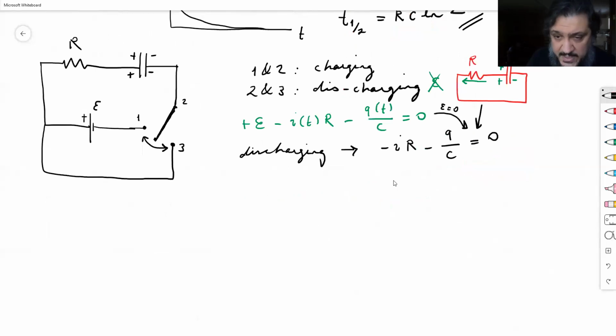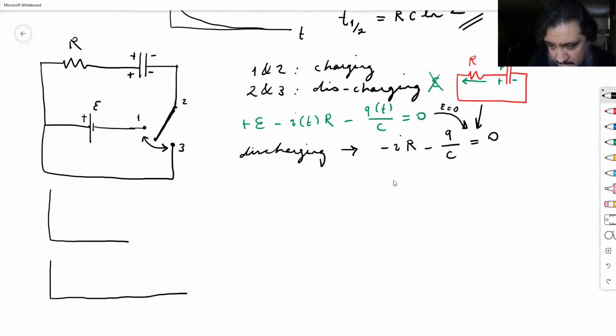Going back to the original picture, I'm going to try to draw them on top of each other like this. This is time. This is charge. And this is current.